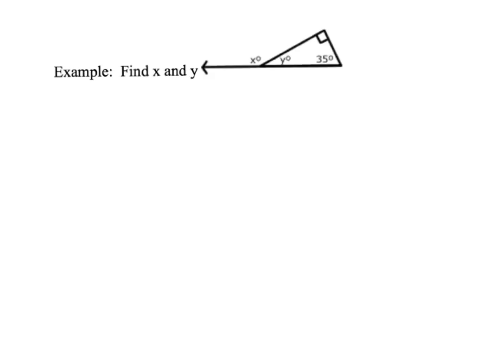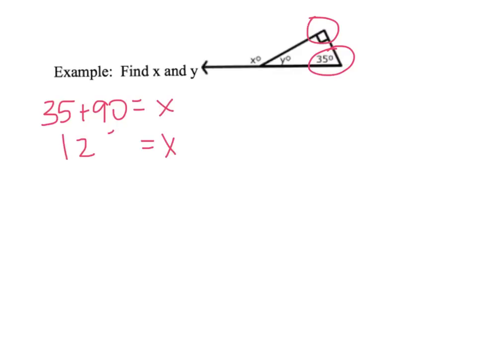So let's try this next one. We want to find x and y. So we can use our method of alternate interior angles to find x. So we have 35 plus 90 equals x. So that is going to be x equals 125 degrees.